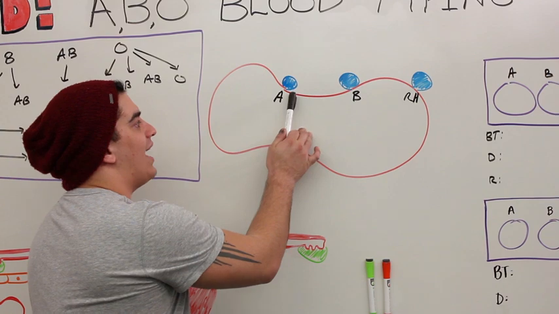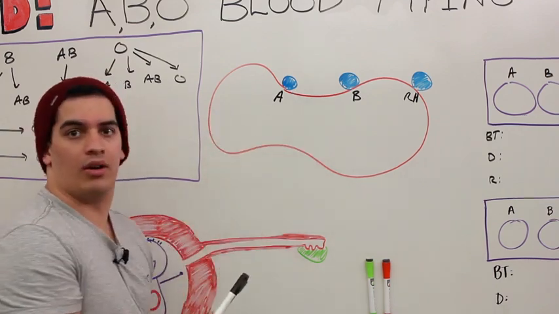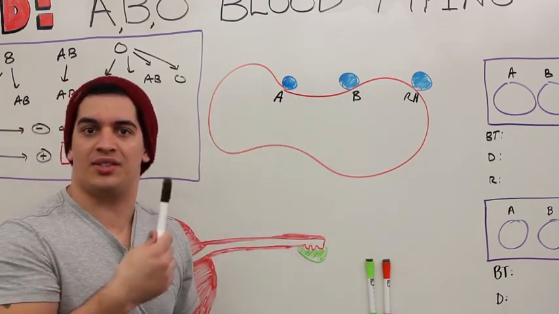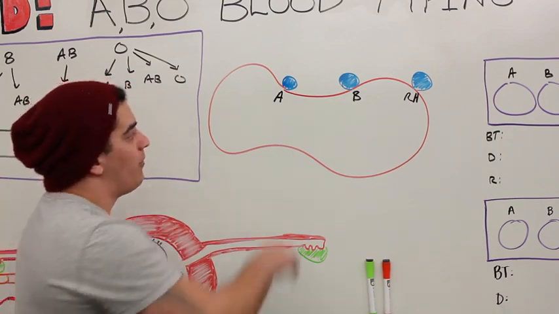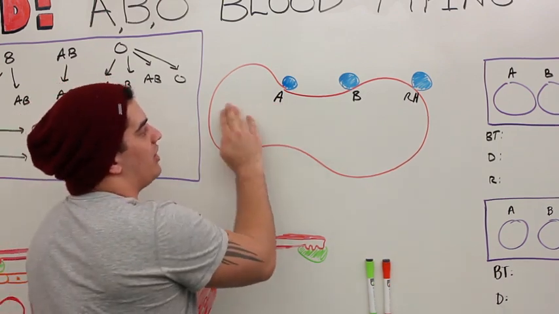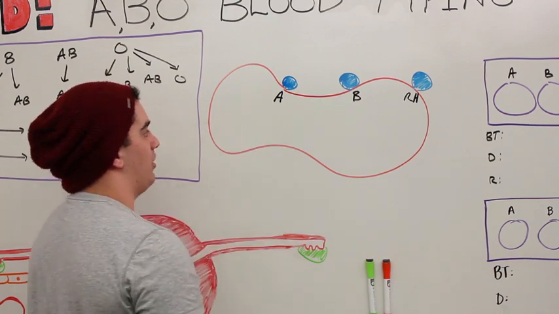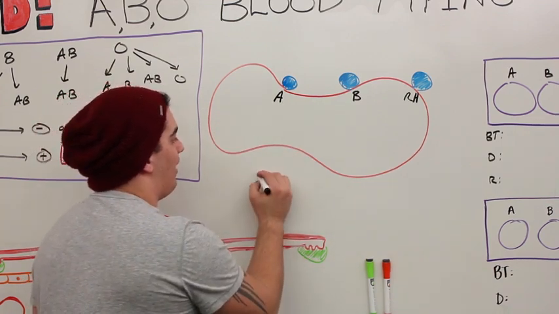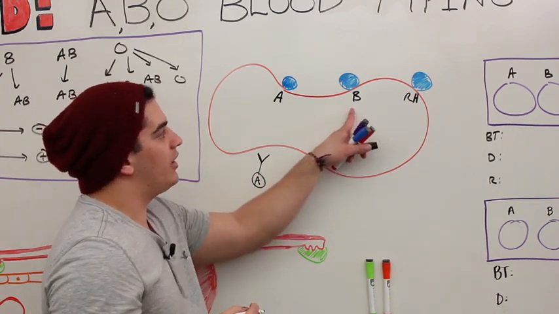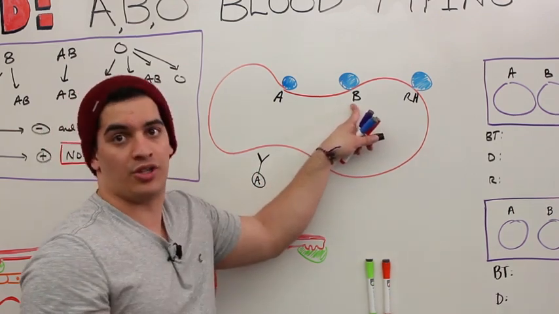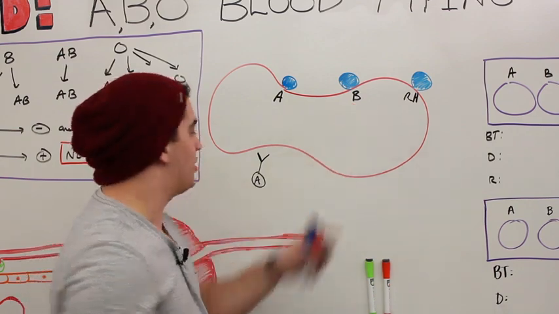One more thing. If the person has an A antigen, that means they don't have these specific things in their circulation called A antibodies. So let's pretend that this person does not have the A antigen. What would they have in their circulation? They would have anti-A antibodies. Let's pretend this person did not have the B antigen on this red blood cell. What type of antibodies would they have?